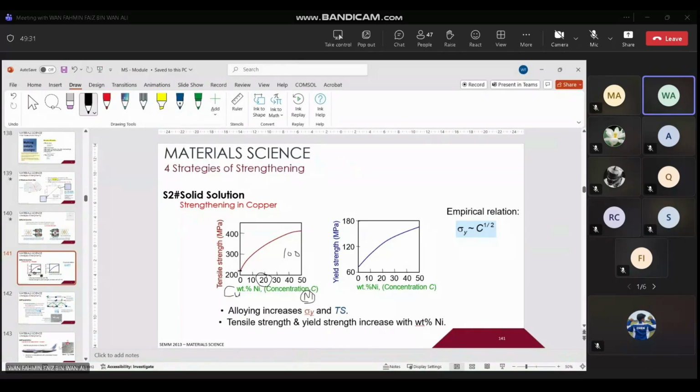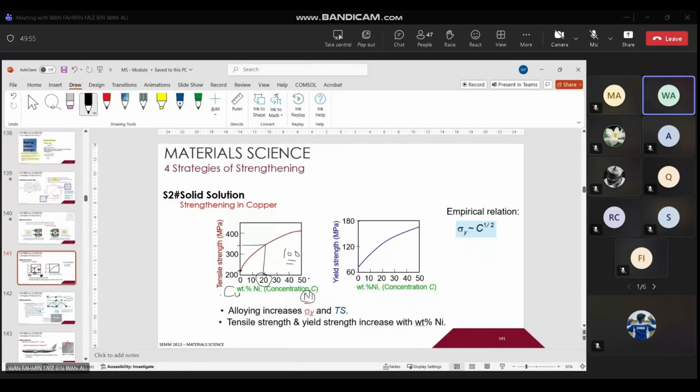So it means you now have 80% copper and 20% nickel. Okay, total must be 100%. It cannot exceed 100%. Now, if you look at these points, the strength has increased from 210 or 220 to 350 with this addition of 20% nickel.